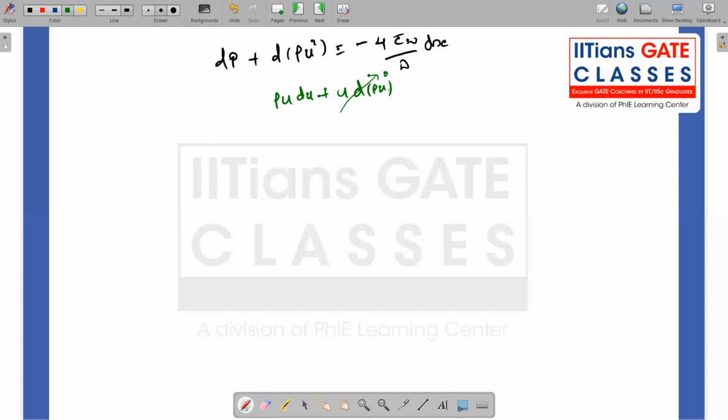From the continuity, this gives me just rho u du. So I can write this second term this way with the help of continuity. That is dp plus rho u du is equal to minus 4 tau w divided by d times dx. Fine, so now we got a differential equation.